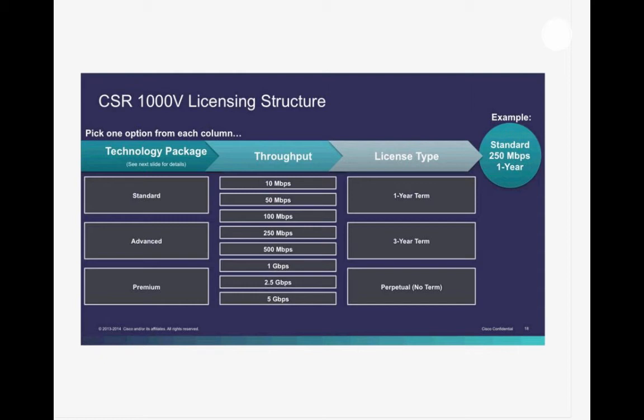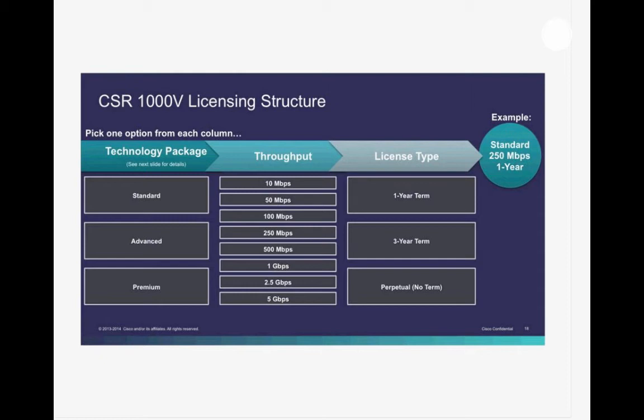Or if you know right off the bat that you're going to be pushing a lot of throughput through the CSR, you can just go ahead and buy one of the higher throughput licenses in the 1 gig or 5 gig range. Once you pick the features and the performance you want, you just pick whether you want a 1-year license, a 3-year license, or a license that never expires, a perpetual one.